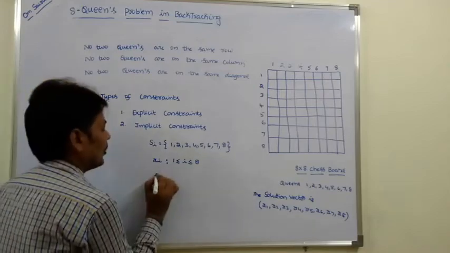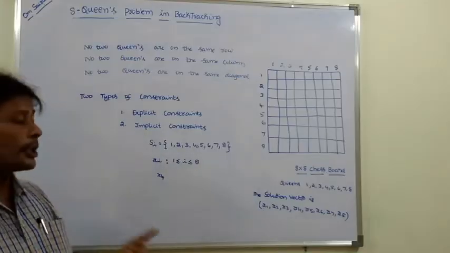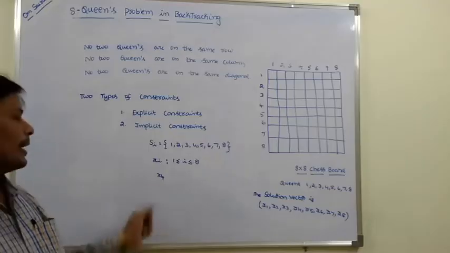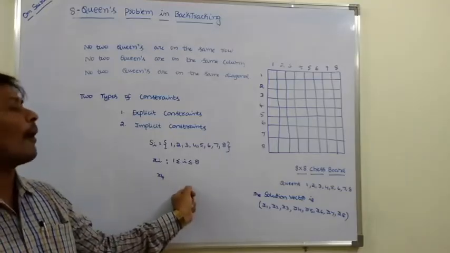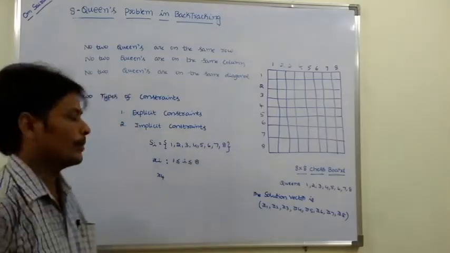Suppose we take x4, that is, in which column can the 4th queen be placed among these 8 columns.